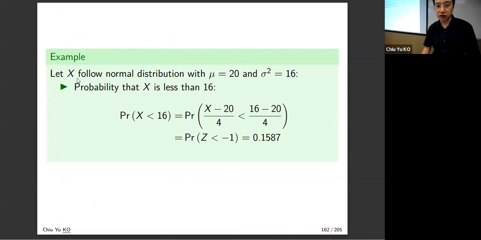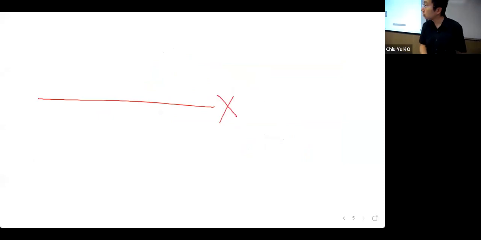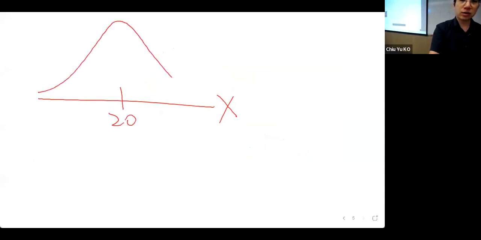This is the last example we cover today, then you have a nice holiday. The question: X is normal with mean 20 and variance 16, and we want the probability that X is less than 16. The bell is located at 20, and sigma squared is 16, so sigma is 4.